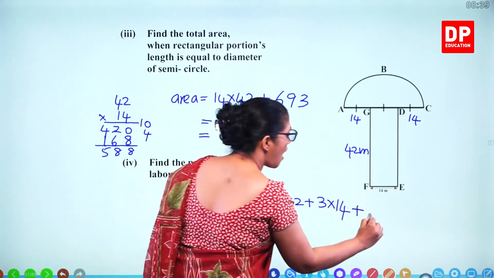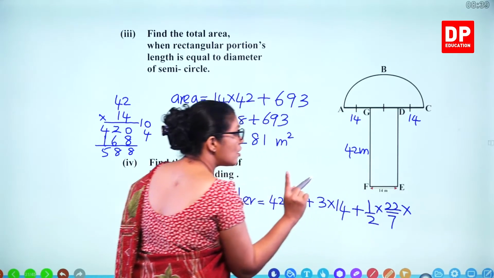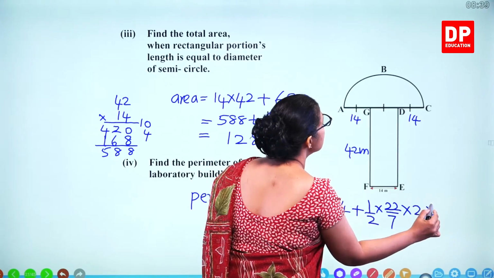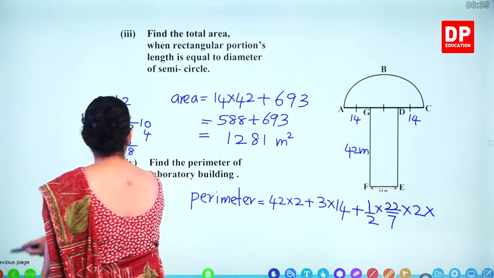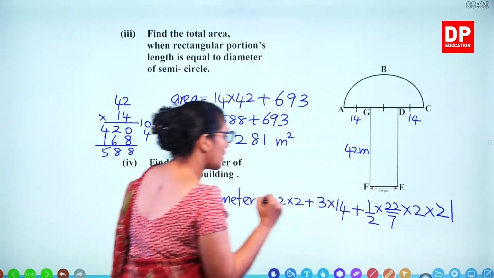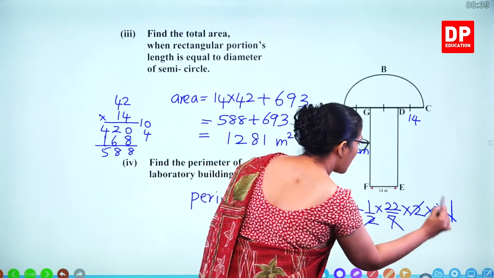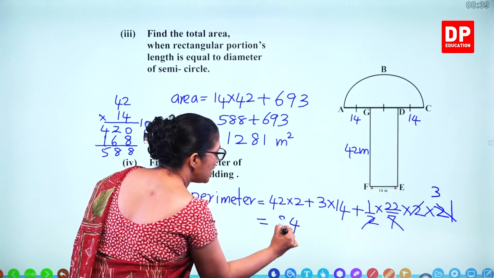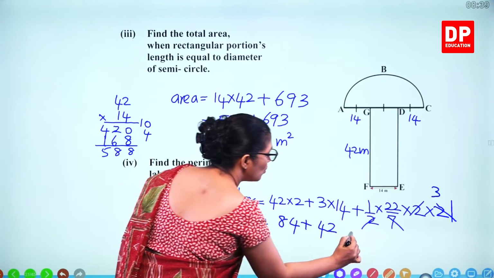Half of a circle. Half into pi, 22 over 7, 2 pi r multiplied by 2, and radius is 14. So, what's the radius we found? 21. Now, simplify. 2 and 2 get cancelled out. 7 times 3. 42 times 2, you get 84. 3 times 14, 42.